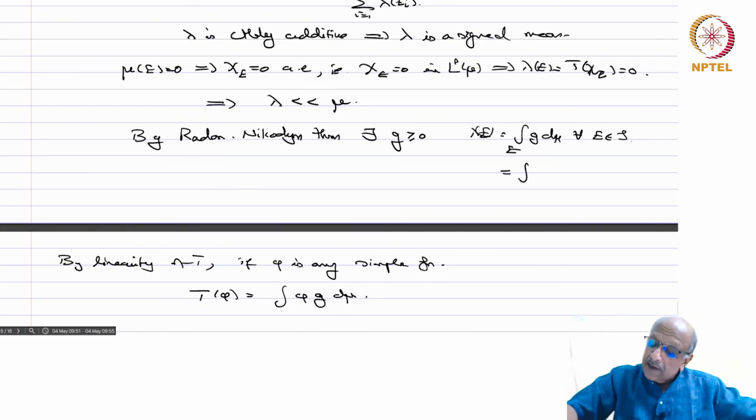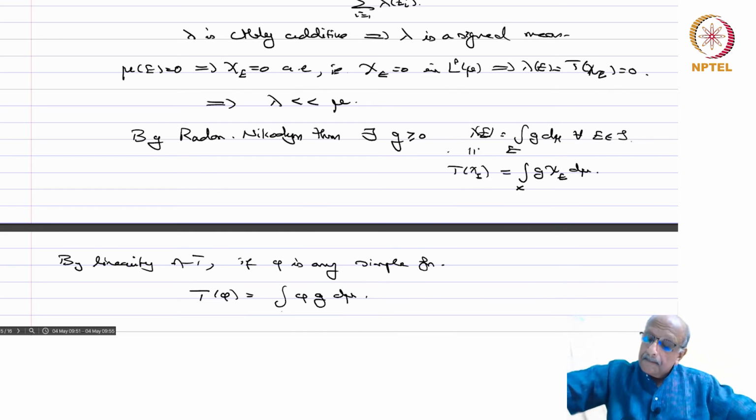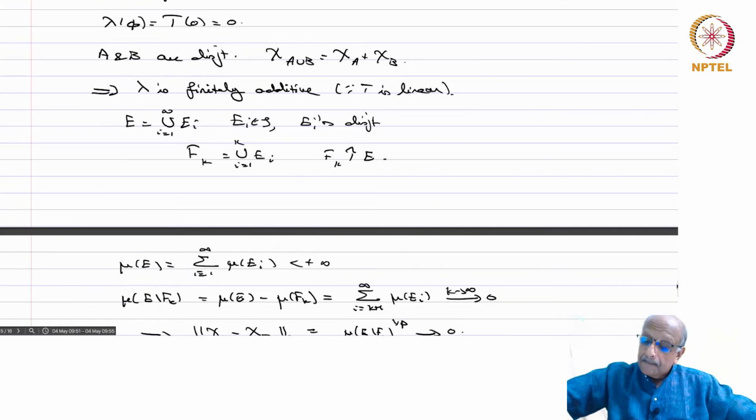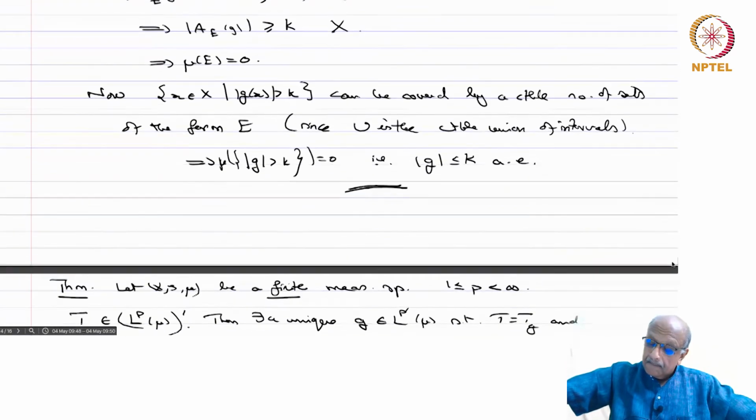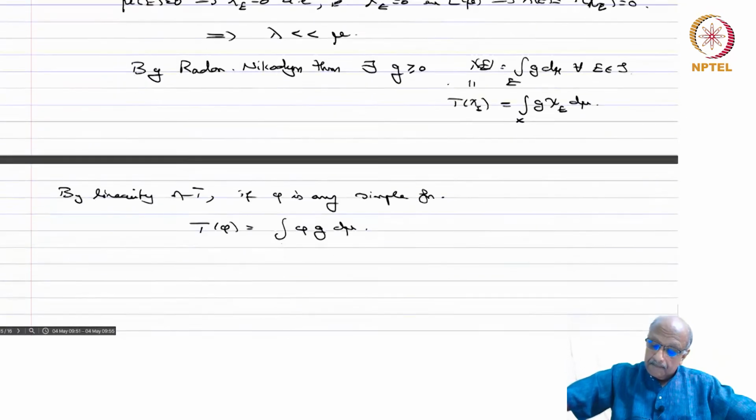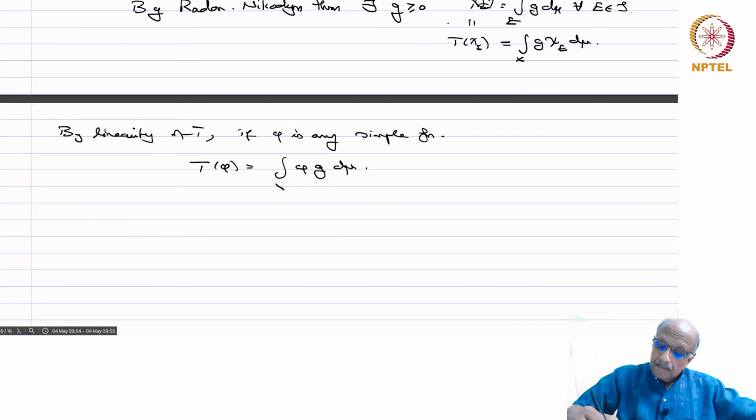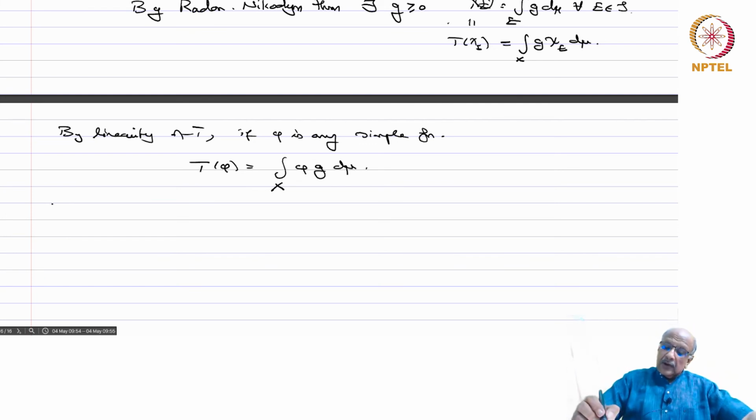This is nothing but the integral over X of g chi E d mu, and lambda of E is nothing but T of chi E. So we have found a candidate which works for simple functions. Okay. So now step 2.